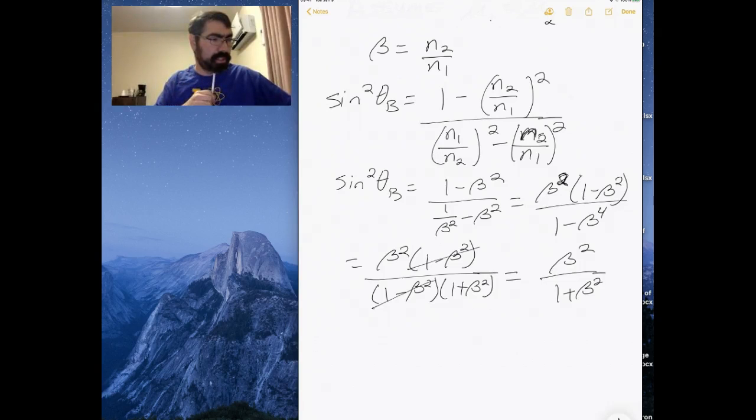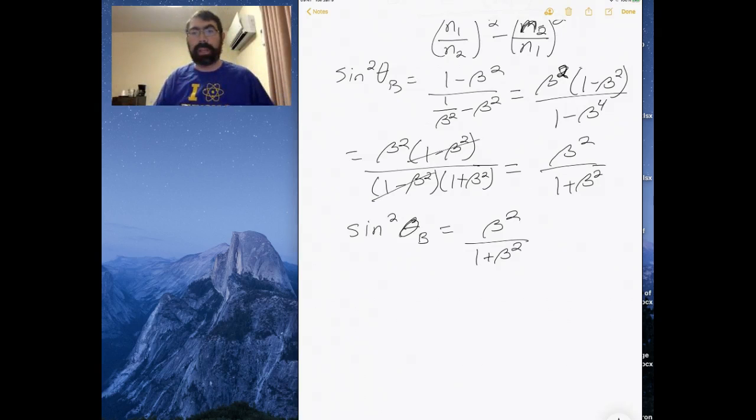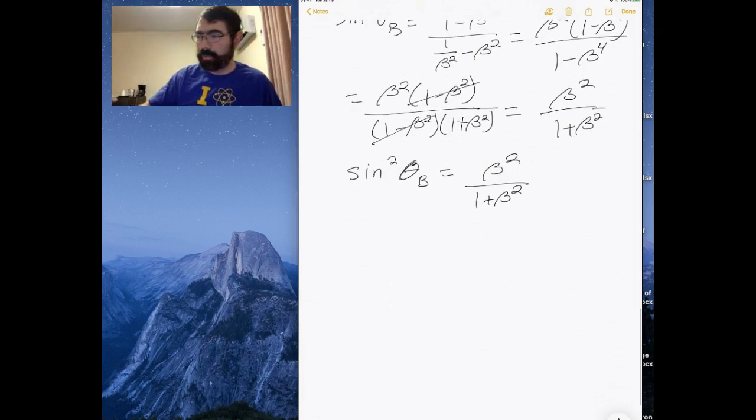If I take a look at this, what do I get? Let me rewrite this. Sine squared of the Brewster angle is equal to beta squared over 1 plus beta squared. And if you work that out, what do you get?